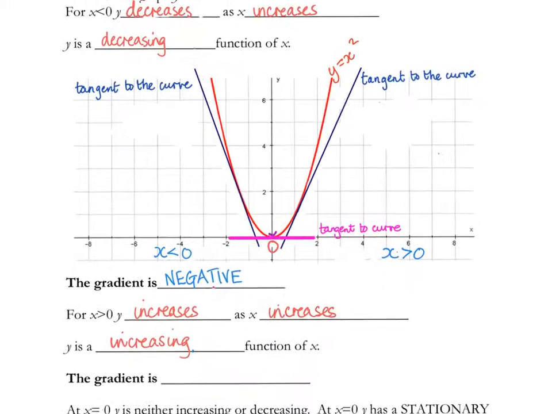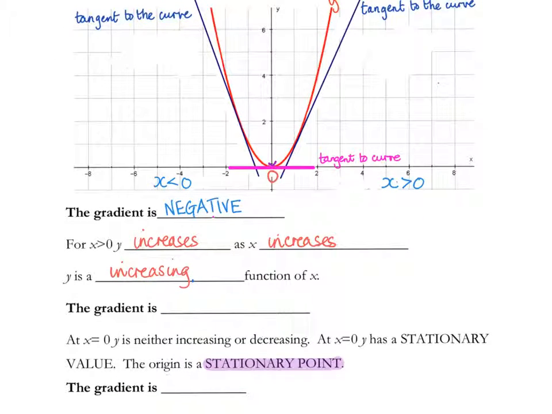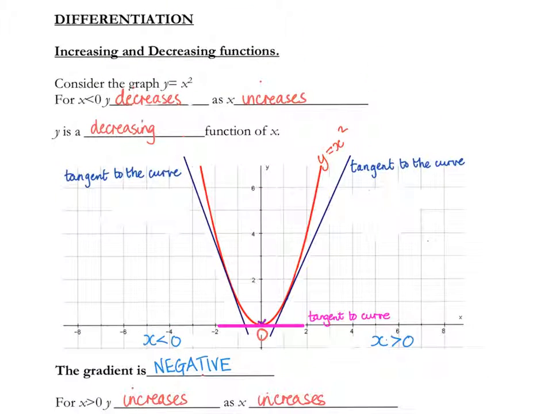And it's fair to say then that the gradient is also positive. If we look at the tangent to the curve that we have here, you can see that this has got a positive gradient. Now the gradient of the tangent to the curve is just your dy by dx, or your f dash of x. And we're going to make use of that when we look for increasing and decreasing functions.